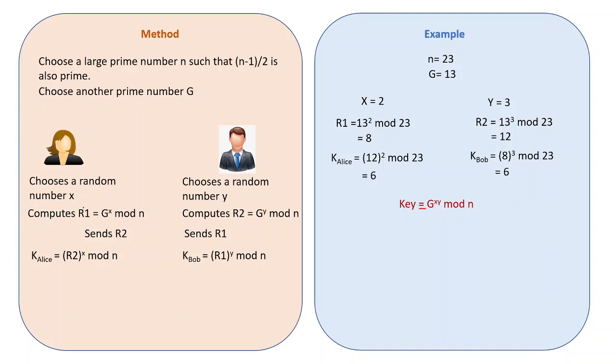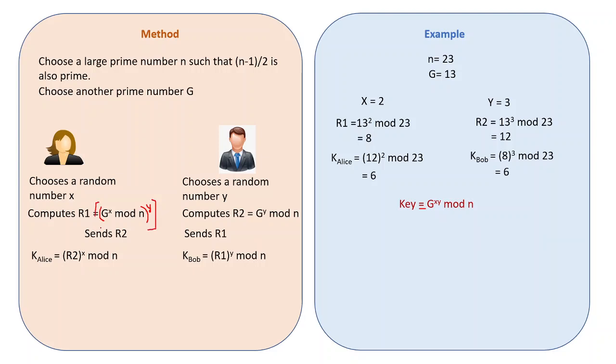Why? Because see, Alice computed R1 as g to the power x mod n, and on this R1, Bob computed R1 to the power y mod n. That is, he actually computed g to the power x mod n, to the power y, and a modulus n has been taken on this number.